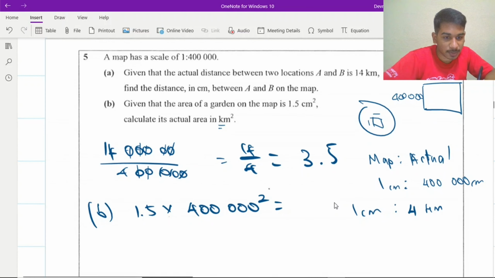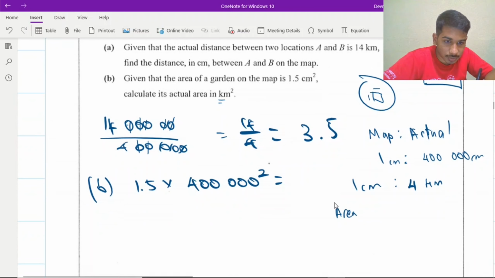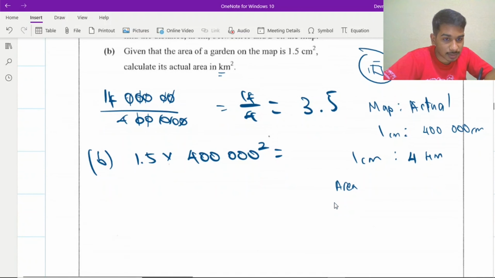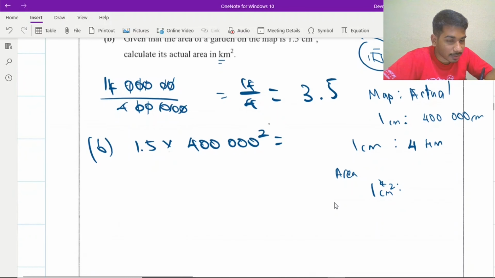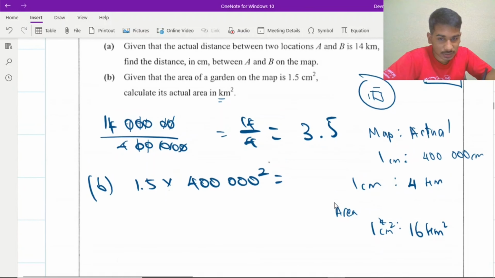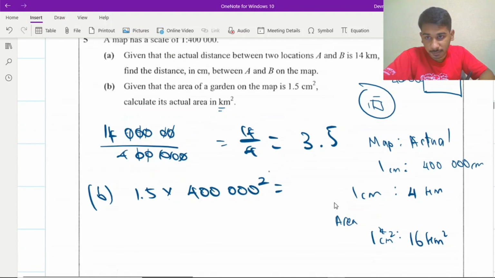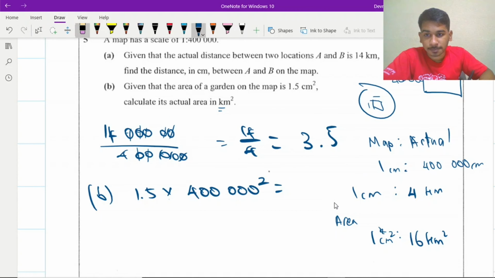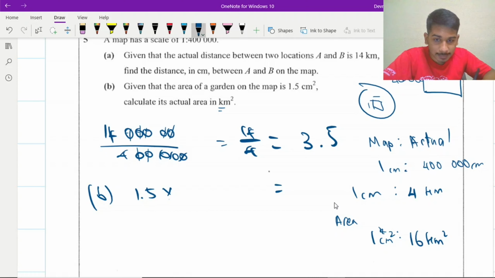So now if we change it to area scale, if the map is 1 cm square, the actual area is going to be 16 km square. This is good. So instead of doing all this big multiplication and changing everything back, I can just multiply 1.5 times 16.